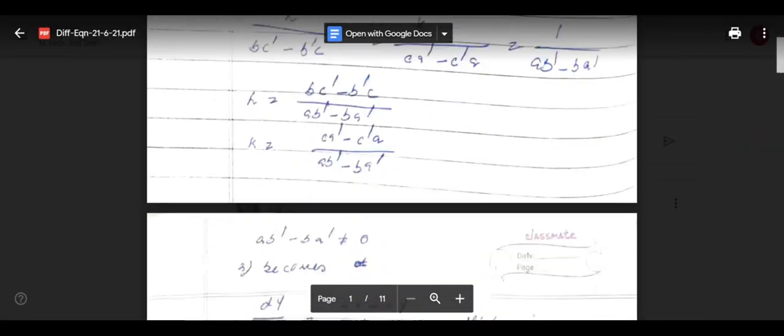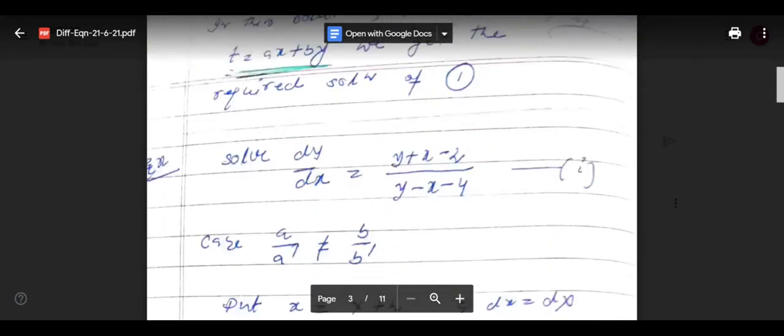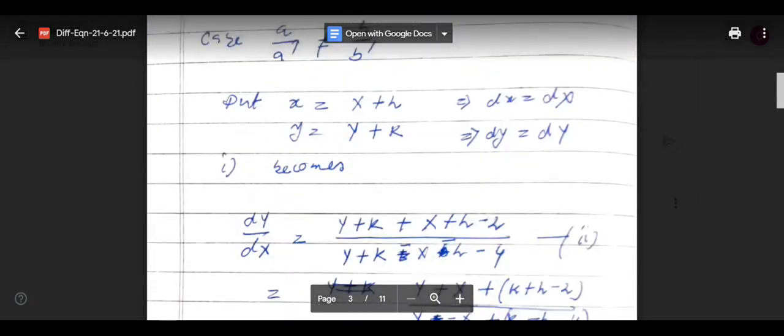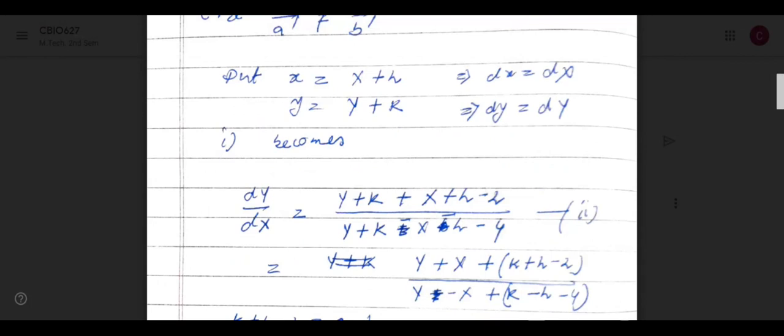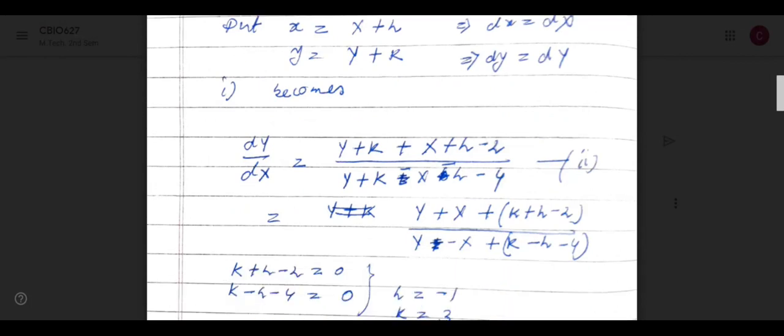Then you reach equation 2. Then I'll explain. What is a here? a is the coefficient of x, and a dash is the coefficient of x in the second equation. If x equals 1, then a means 1 and a dash means minus 1.